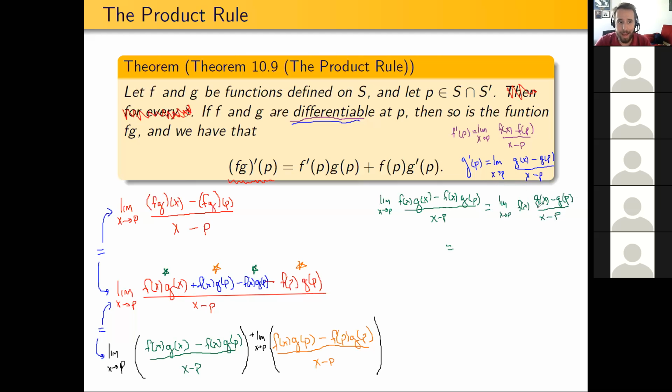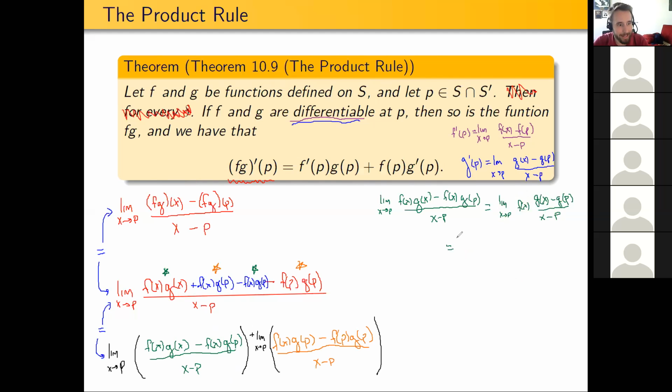But we can pull that f of x outside of the limit. We want to think a little bit about this, but again, our rules of limits say that if I have, oh no, wait, that's not quite what I mean to say. I apologize. I don't want to pull this out, but I want to evaluate the limit as x goes to p of this piece separately from the limit as x goes to p of this piece.